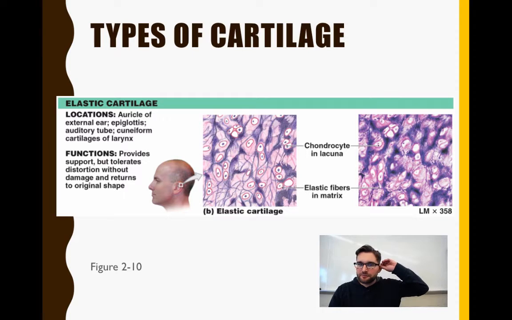I can move my ear pretty easily. It doesn't really hurt. I'm not breaking anything or damaging anything. It helps to also return to some type of original shape. So in this image, we can see elastic fibers that are running through this elastic cartilage. And then we can see chondrocytes as well.